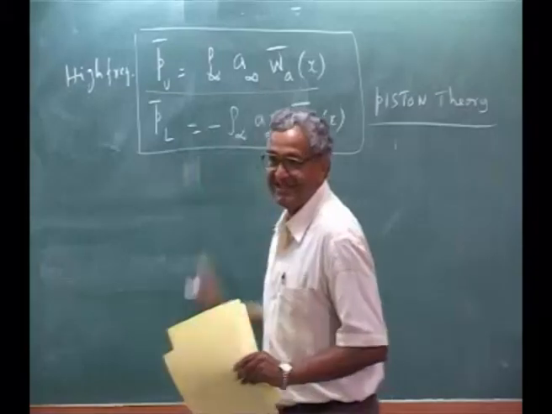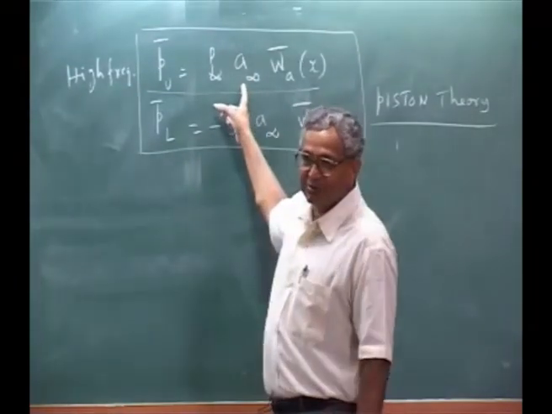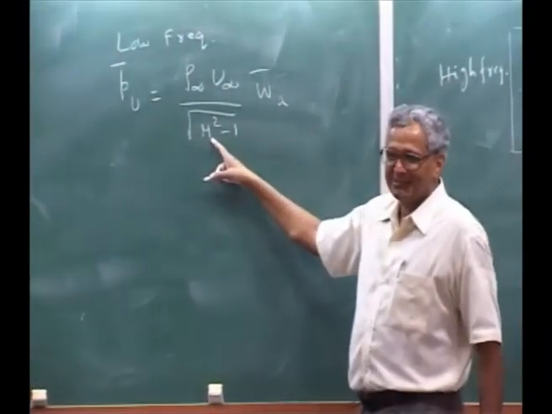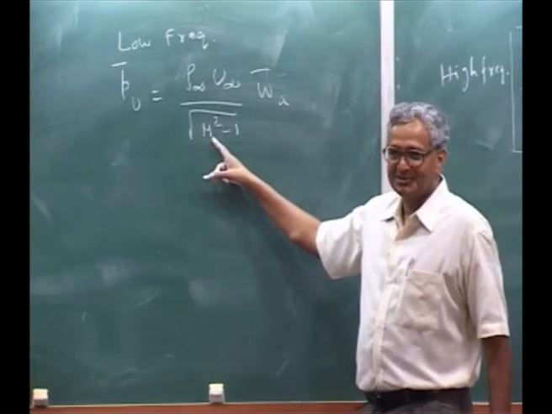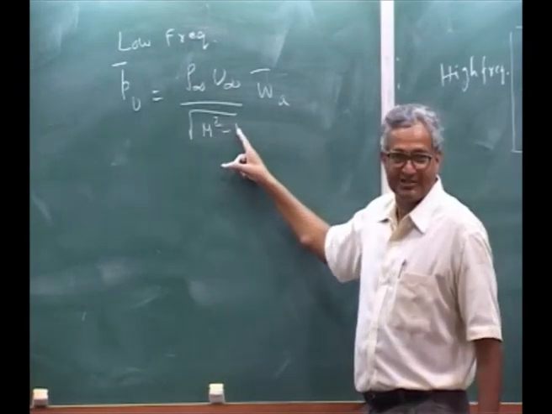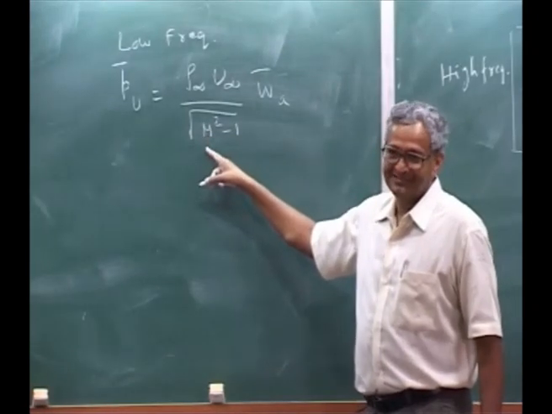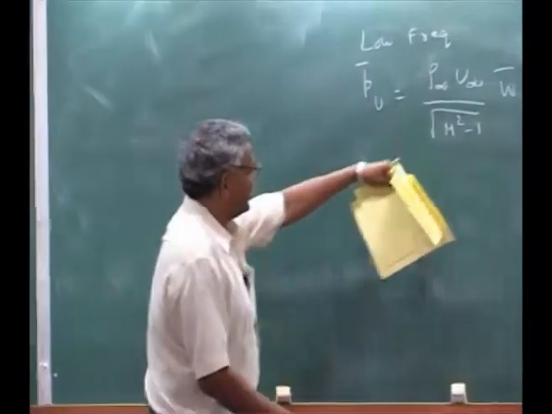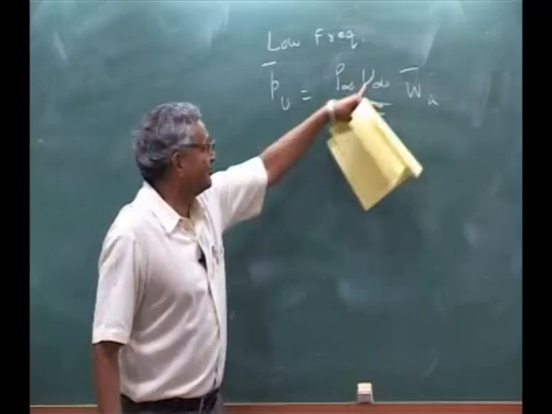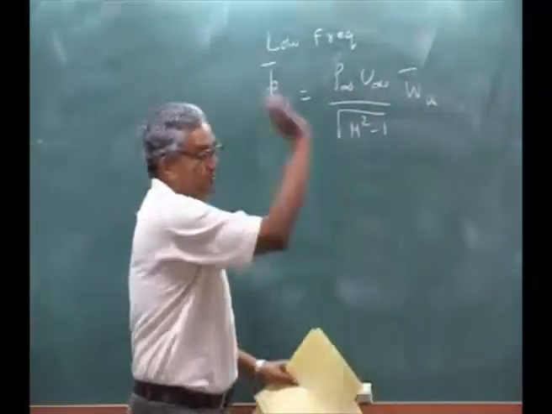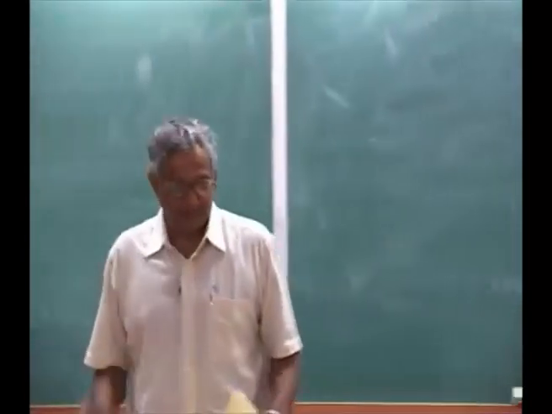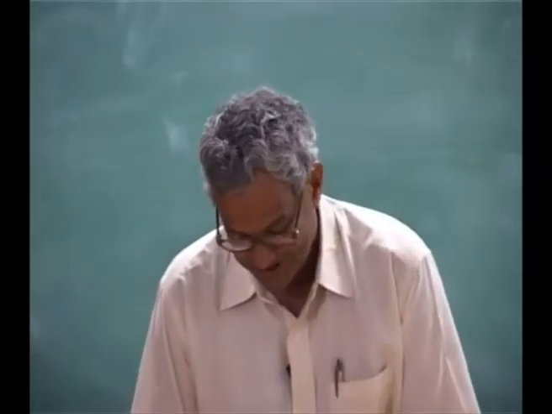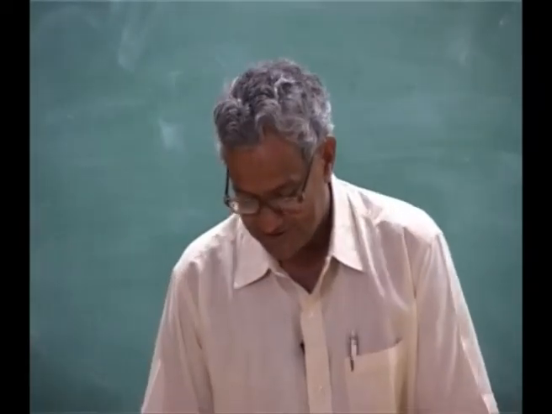So you see the difference. Only thing is, instead of u infinity over M, you may say if the Mach number is very large, u infinity will cancel out and you will go to a infinity. That is what the piston theory is. But our theory is valid up to Mach number 2, 3. So one is the low frequency approximation, another one is called the high frequency approximation.